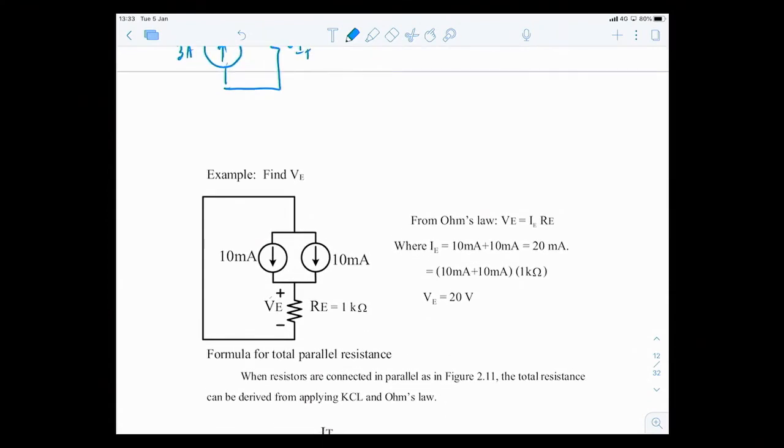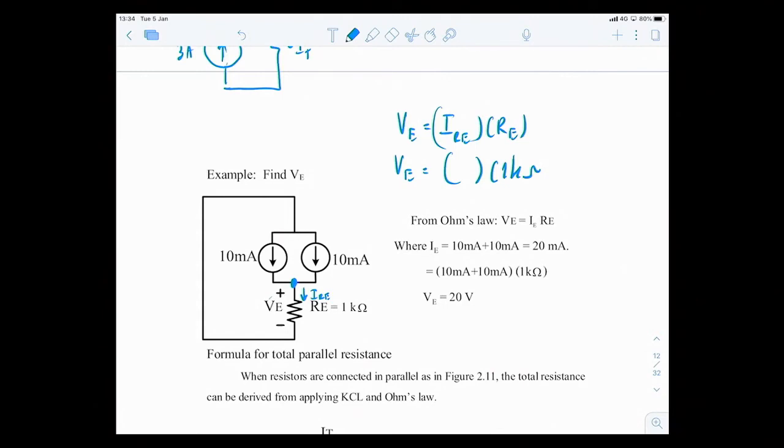Now right here, what if you want to find VE? Well, by Ohm's law, VE would be equal to the current across RE times RE. This is going to be 1K ohms. Well, what's IRE, the current going through RE? You have to see that it comes out from this node right here.